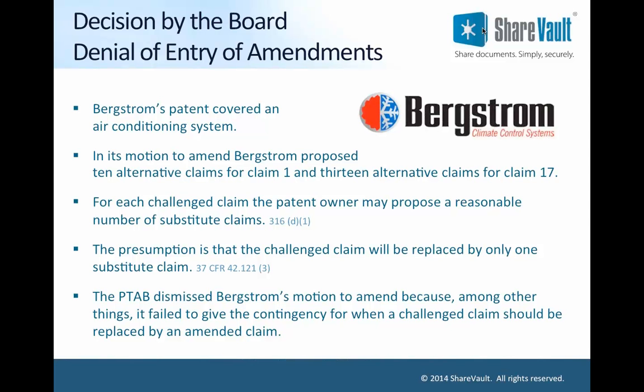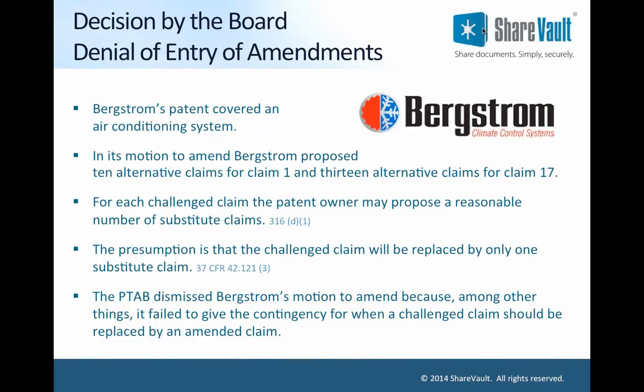And basically what the statute says is that the patent owner can propose a reasonable number of claims, and the presumption is that the challenged claim will be replaced by one of the proposed substituted claims.